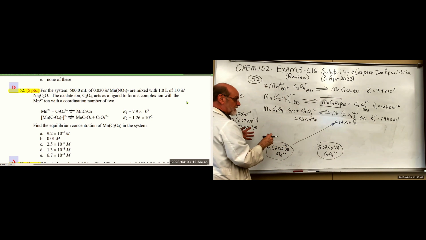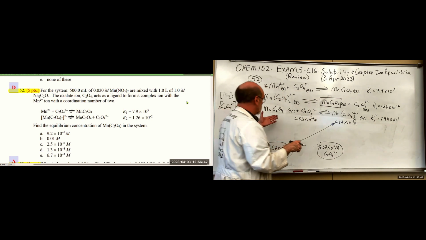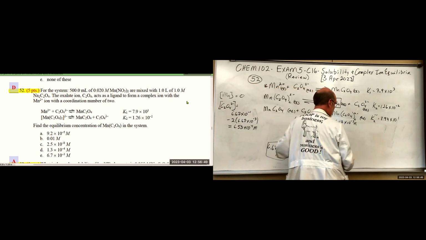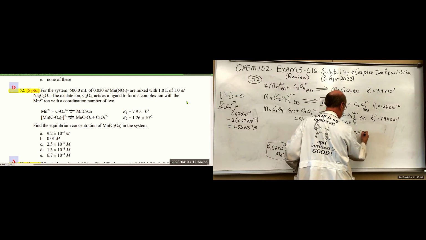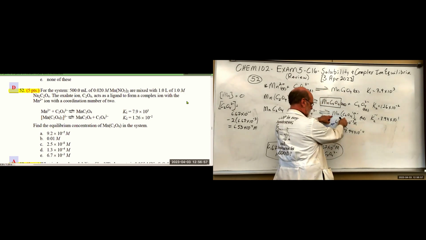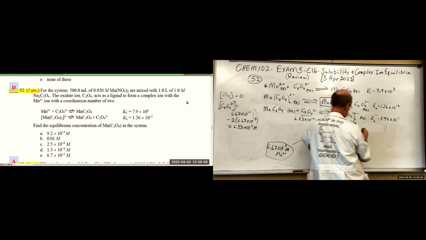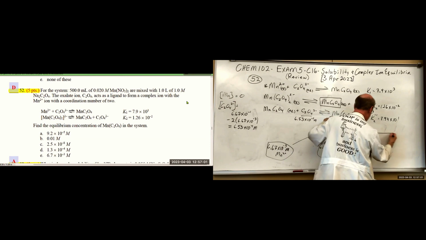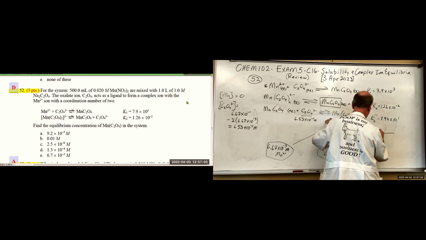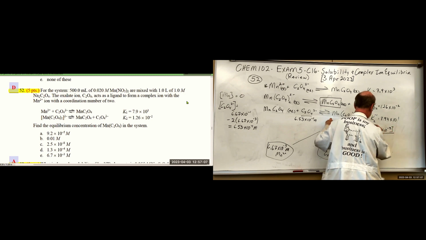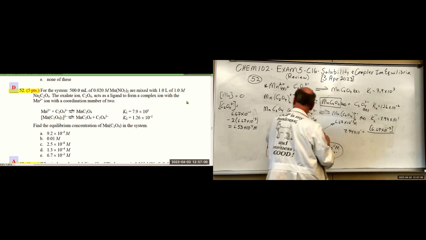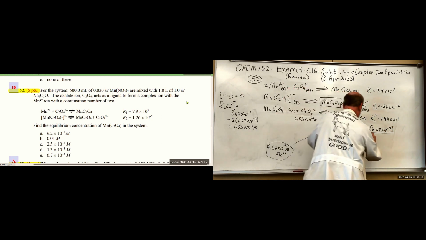Okay? Now we can write our expression equal to that K. So 7.94 times 10 to the 1 equals this value in the numerator. And in the denominator, we have this one.